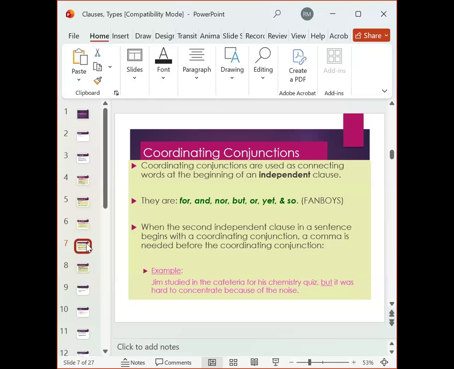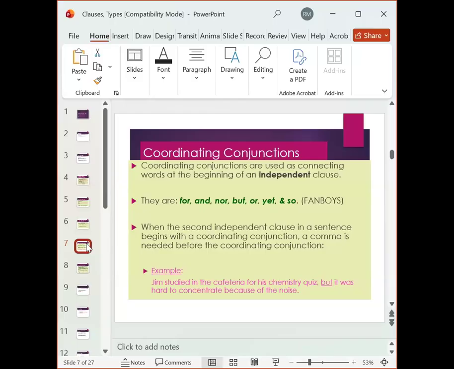Now, I want us to look at this example carefully. You see that the first part of the sentence, Jim studied in the cafeteria for his chemistry quiz, is an independent clause. But is a coordinating conjunction. It was hard to concentrate is an independent clause.